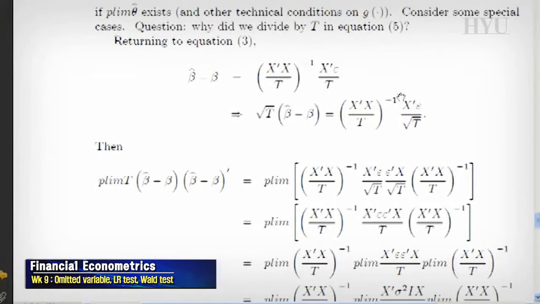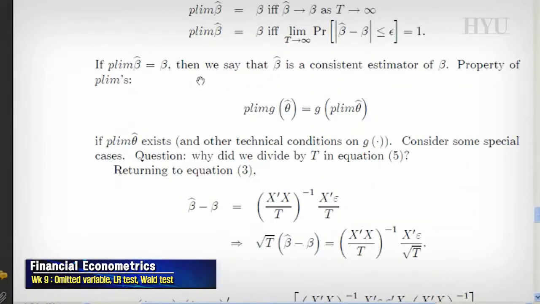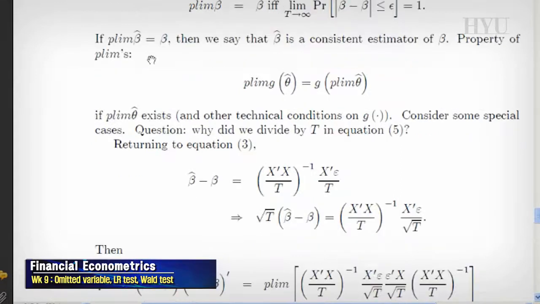So that's the concept of consistency. We say beta hat is consistent to beta. Property of probability limit: for the probability limit of some function, actually, we can send the probability limit inside of the function.